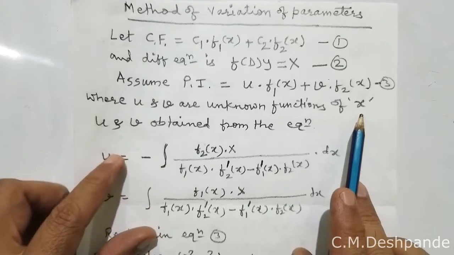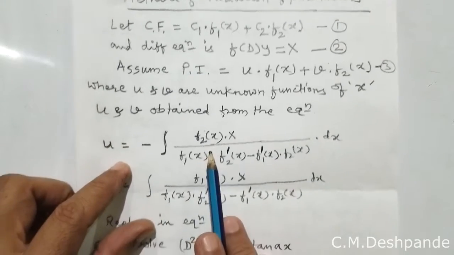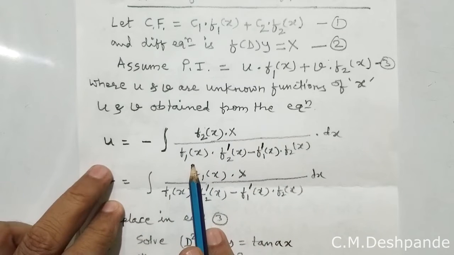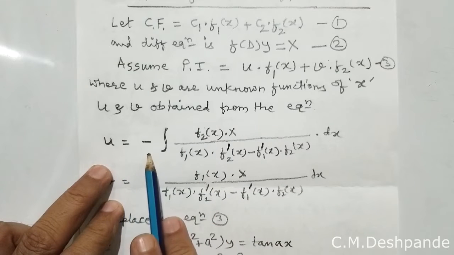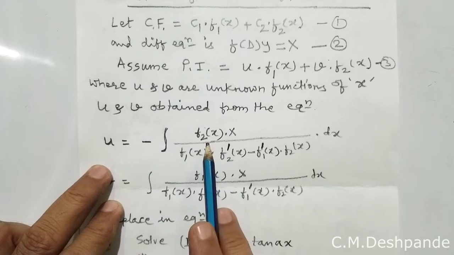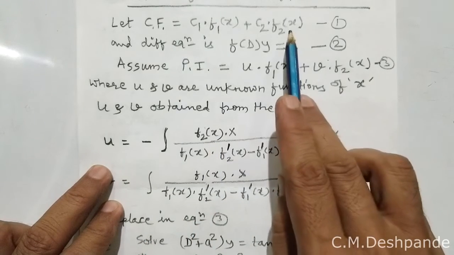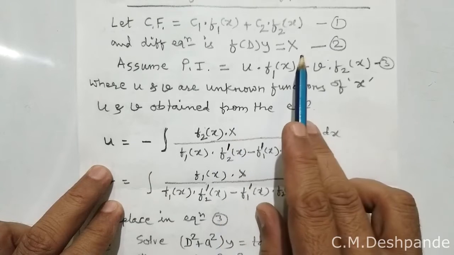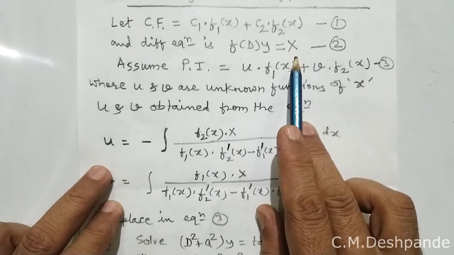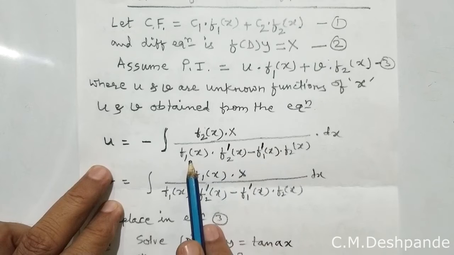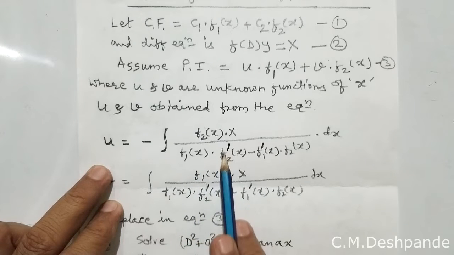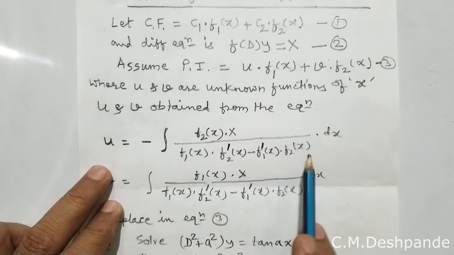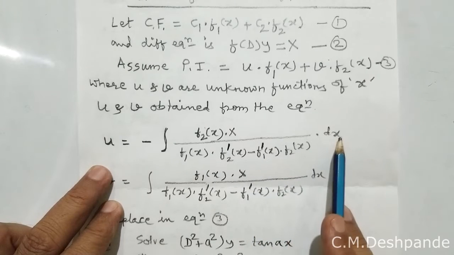Now these two functions are calculated by using these two formulas. u equal to minus integration of f2 of x, that is the second function, into capital X, where capital X is the right side function in the given differential equation, upon f1 of x into f2 dash of x minus f1 dash of x into f2 of x, into dx.